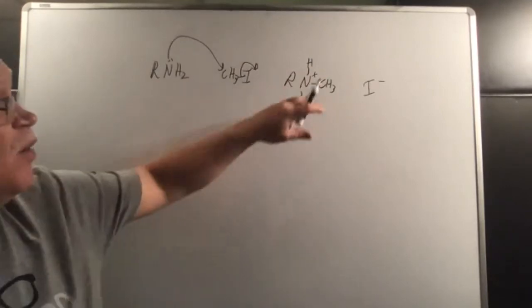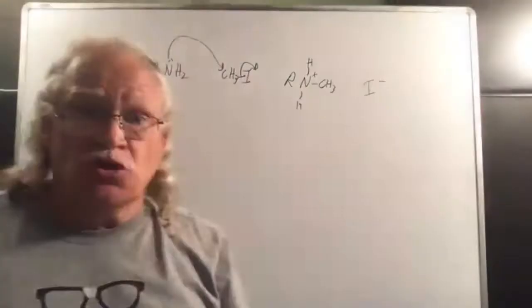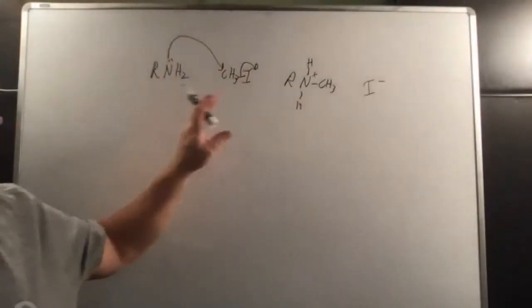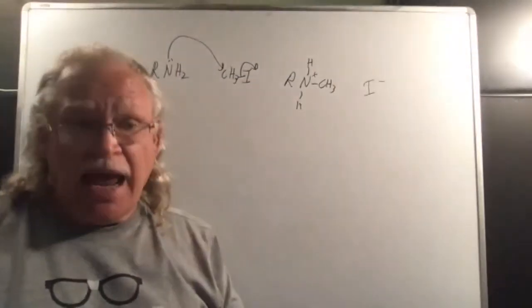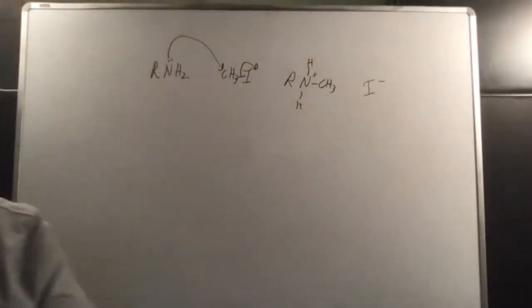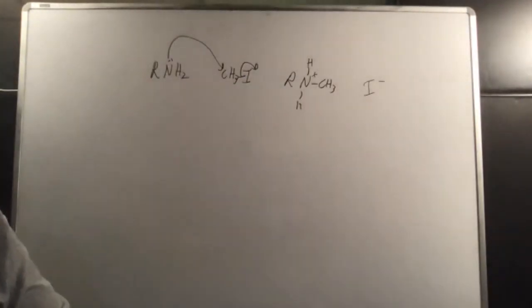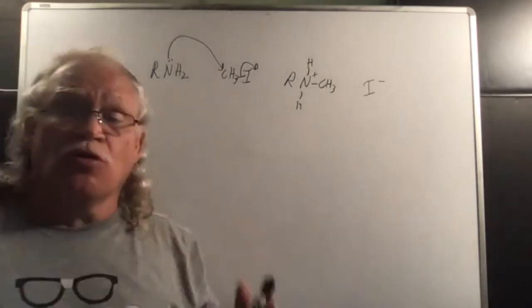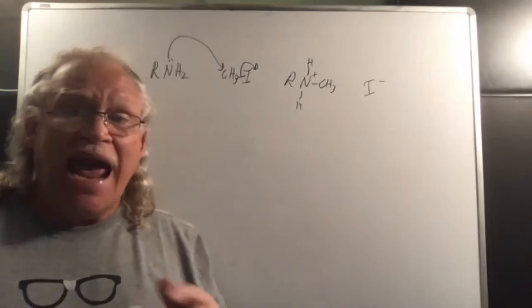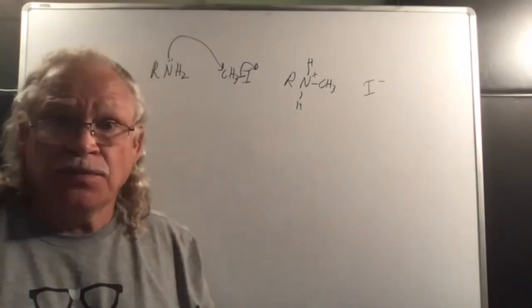And then later on, we can pull off one of those hydrogens with a base if we want to. So this is the reaction where the nitrogen acts as a nucleophile. What we're going to discuss in the rest of this section, though, is not nitrogen acting as a nucleophile. We're going to look at the reaction of nitrogen acting as a base.